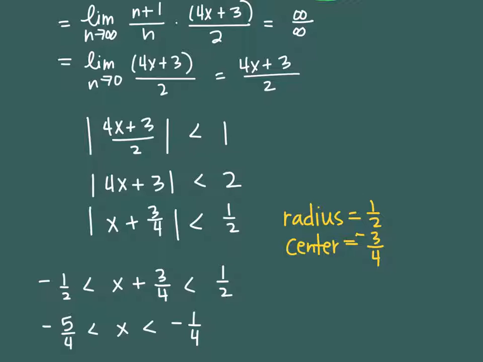So this series will only converge for x values that are between negative 5/4 and negative 1/4. Anything outside of that as an x value will result in a divergent series. We only have convergence guaranteed within this interval.